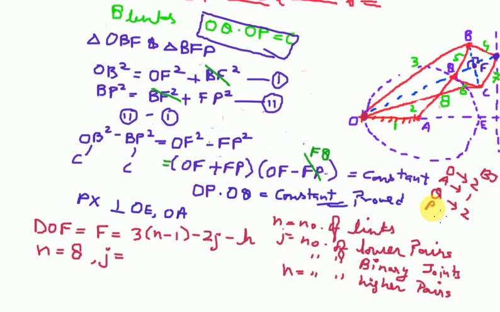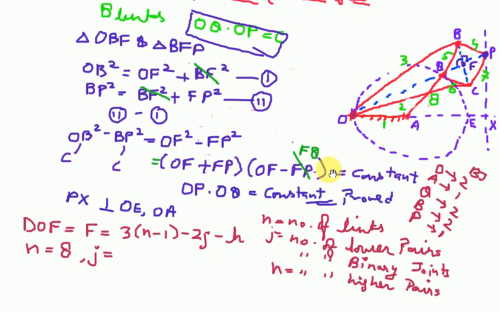At point B also it is a ternary joint, as link 3, 5 and 4 are meeting there, so it is also having 2 binary joints. At point P it is a 1, as 2 links are meeting. And at point C it has 3 links meeting, so it has 2. So 2, 4, 6, 8 and 9 and 10. Total number of binary joints are 10 and H equals to 0.